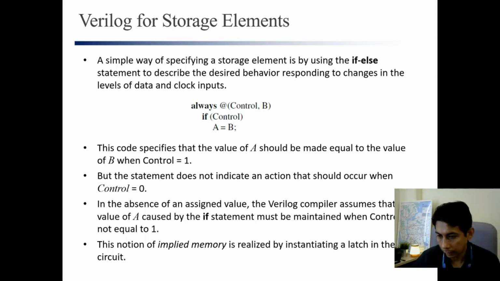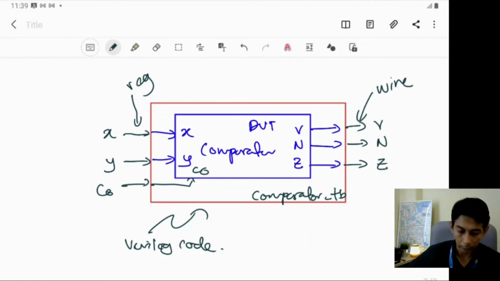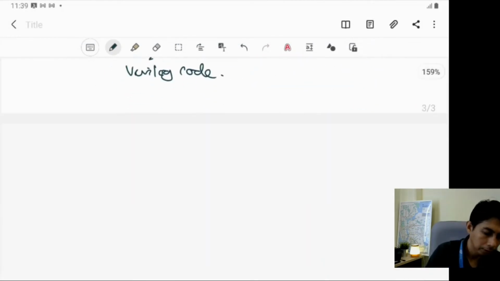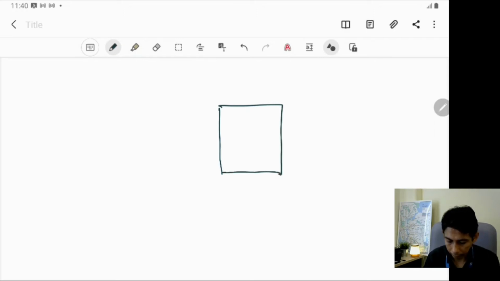If you look at here, okay, if we write the code like this, you will have the circuit something like this when you synthesize it.